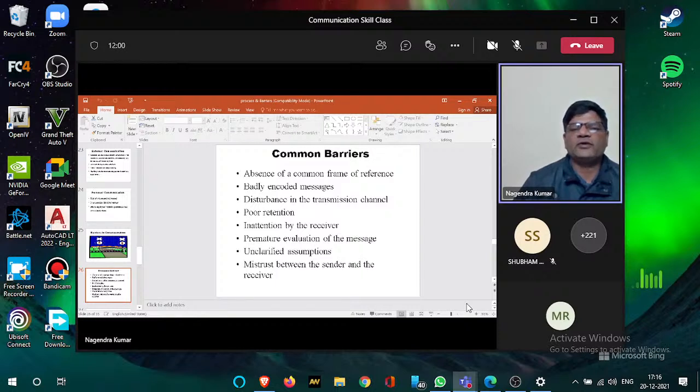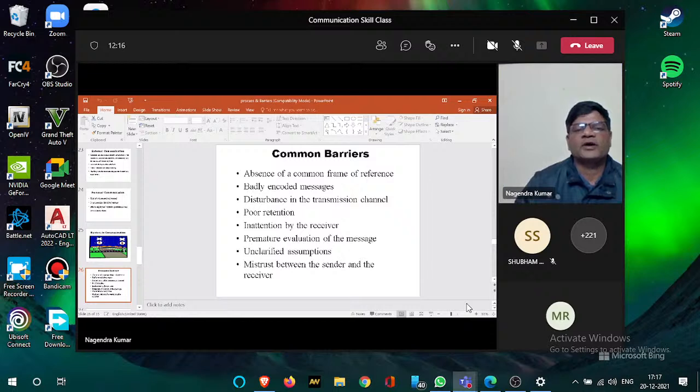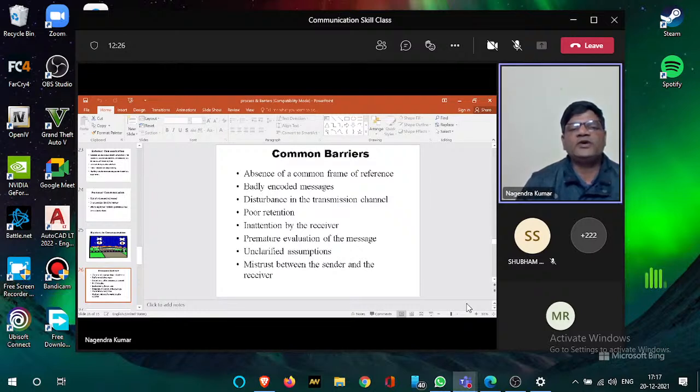Again, premature evaluation of the message is a kind of barrier. What happens many a time, even before the other person has finished the message, we come to certain conclusions. And mostly these conclusions are not up to the mark. They are based on half truth, and as a result, create some confusion or create ill will among the communicators.